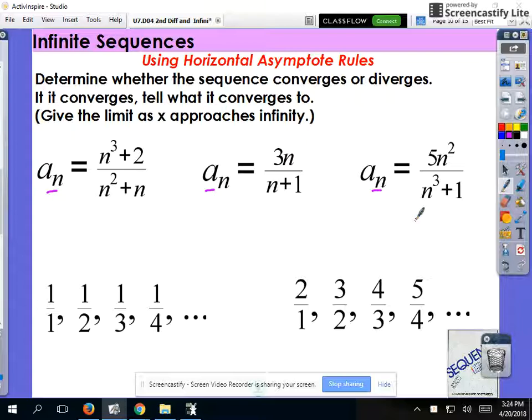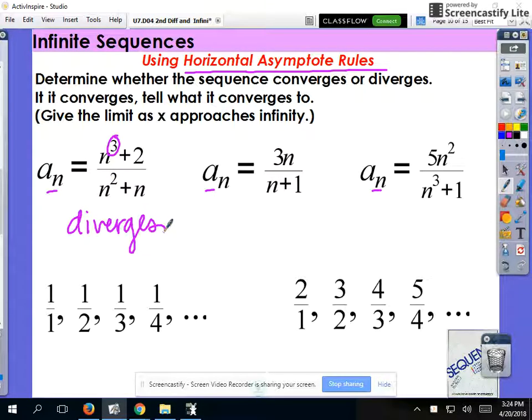And so we can remember a little bit about the horizontal asymptote rules, which give us guidance on what happens to infinity. So for that rule, we're looking at what the degree is on top and on bottom. For this one, the first one, the degree is bigger on the top. So that, if you remember from horizontal asymptote rules, is that we are going to go towards infinity. And that means that this diverges.